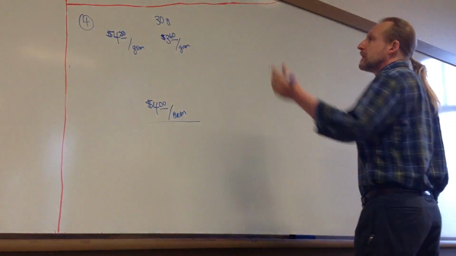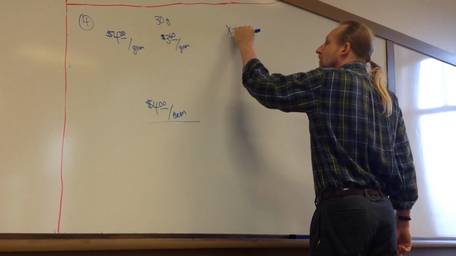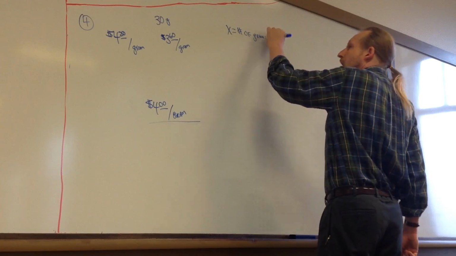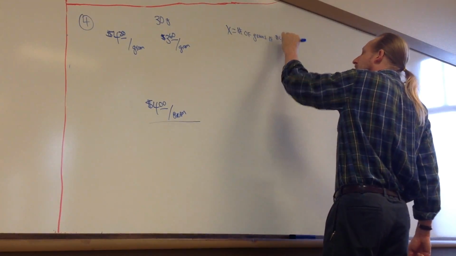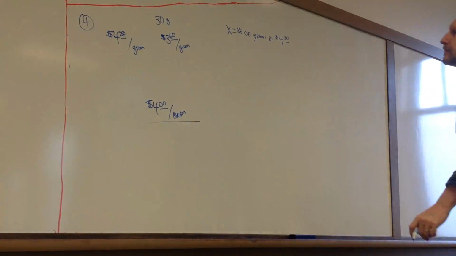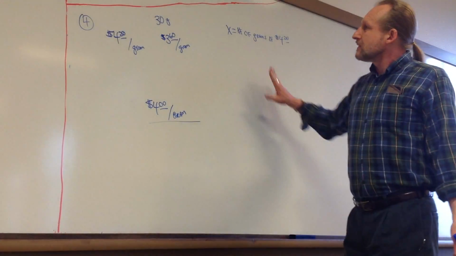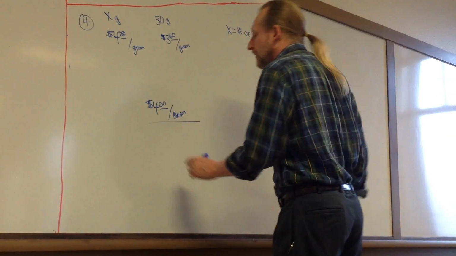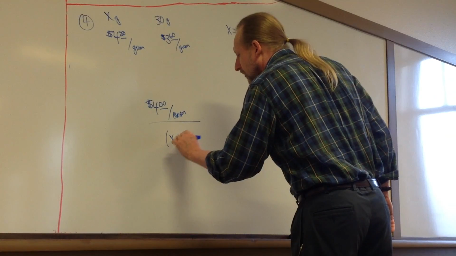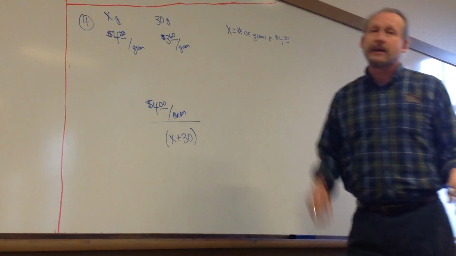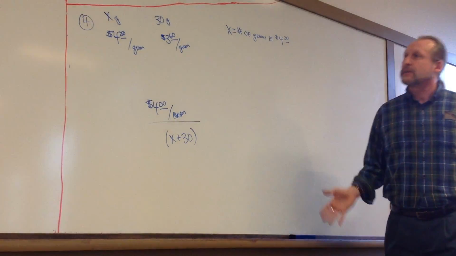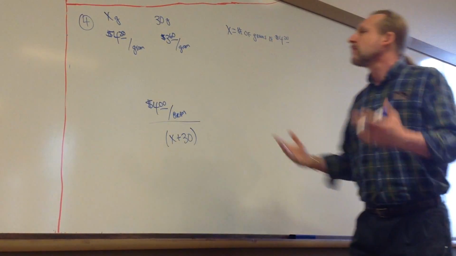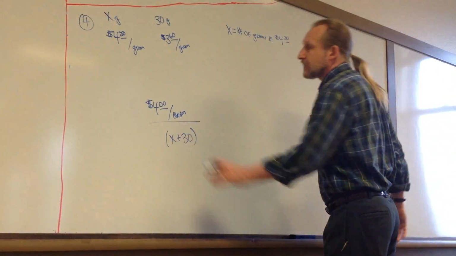Let's let X equal the number of grams of the spice that costs $4.20 a gram. Okay? Well, that tells us that if we're mixing X grams together with the 30 grams, the total number of grams in the final mixture is going to be X plus 30, right? If this were 10, this would be 40. If this is 20, this would be 50. So this is going to be X plus 30.